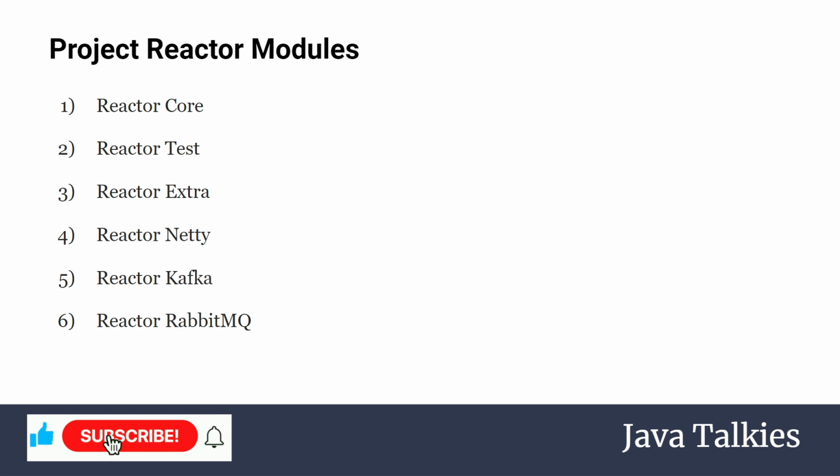It has a set of rules to implement the reactive application. And Reactor Test is used to test the reactive application. It provides utilities to test the Project Reactor application.